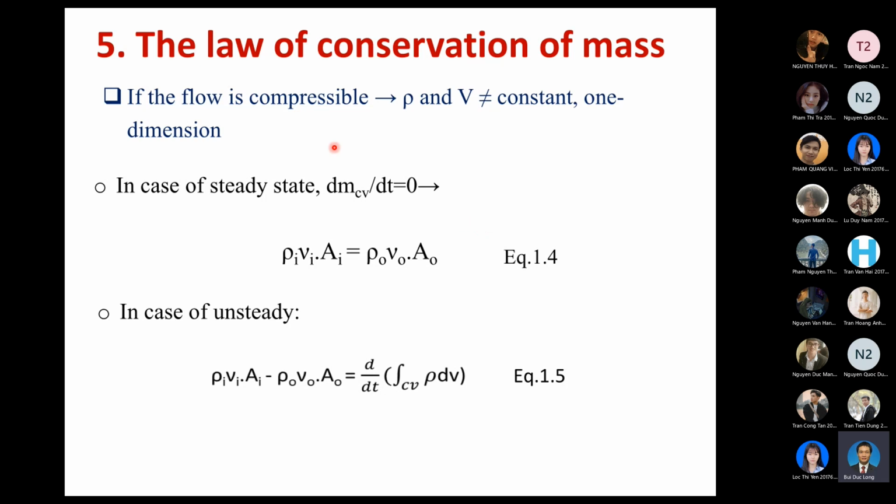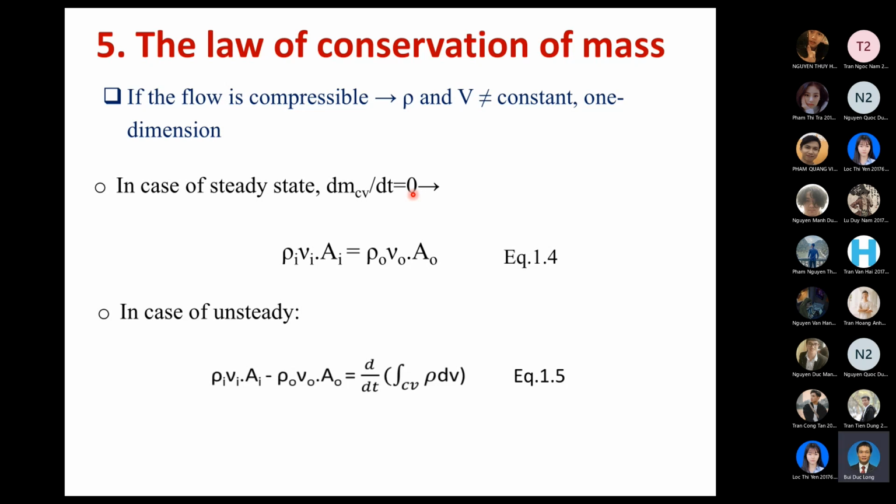If the flow is compressible, for example air, air you can compress. So rho and V are not constant. For one dimension, in the case of steady state, dm_CV/dt is zero.